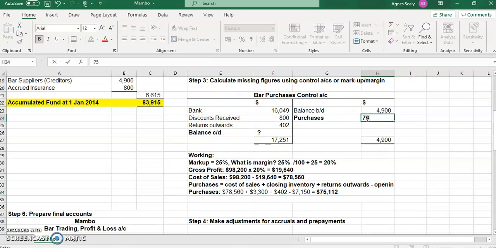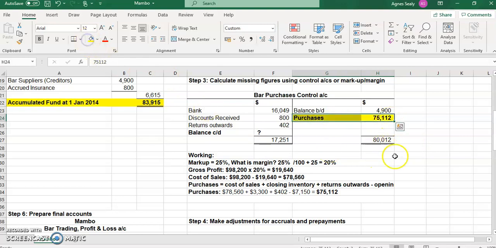And we have our purchases of $75,112. When our $75,112 is added to our opening balance for our creditors of $4,900, it gives us a total of $80,012. However, on the debit side, the total here is only $17,251.